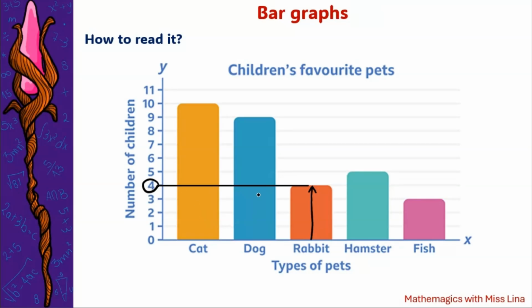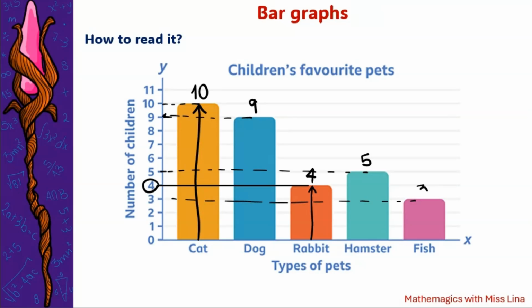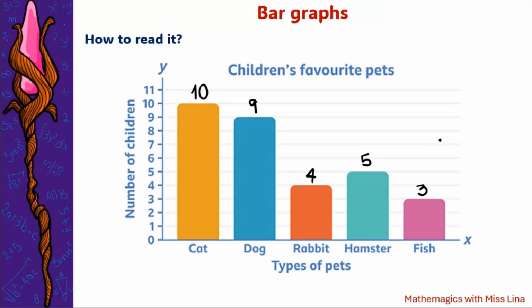In this case, 4 children prefer rabbit. Same thing we could do with cat, dogs, hamster, and fish. So at the end, what we can get from the graph is this data here.